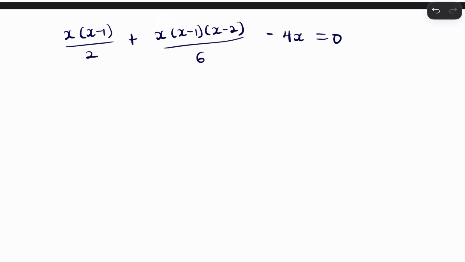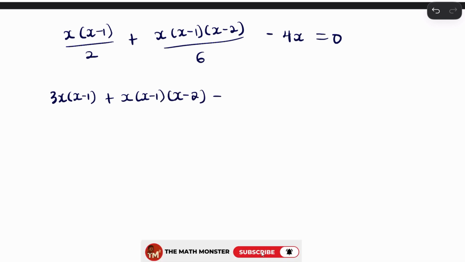And so our next step is to multiply through by 6 in order to get rid of the fractions, right? So in doing so, we are going to have 3x times x minus 1 plus x times x minus 1 times x minus 2 minus 6 times 4, which is 24, so that will be 24x is equal to 0.